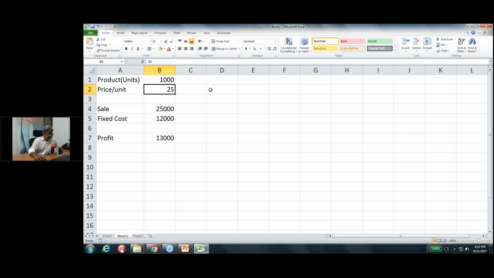The decision is what should be the price per unit. What should be the price per unit for that sale if we want to have a break even. So use the data table and come up with your answer.